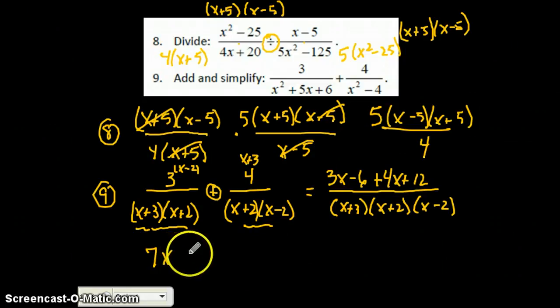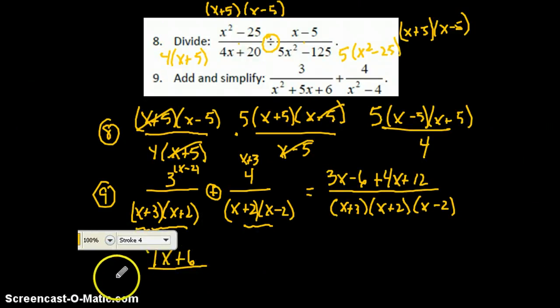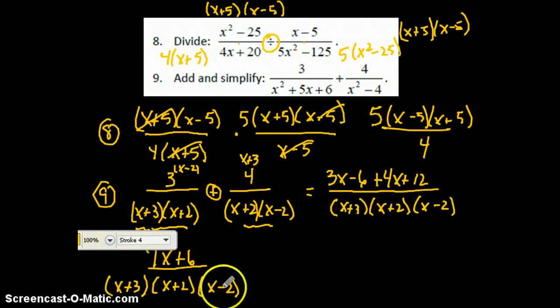And then I have plus 6. Okay? So that's all I can do with the top there. And then the bottom are going to be my factors here. X plus 3, x plus 2, x minus 2. Okay? That's how to do that problem.